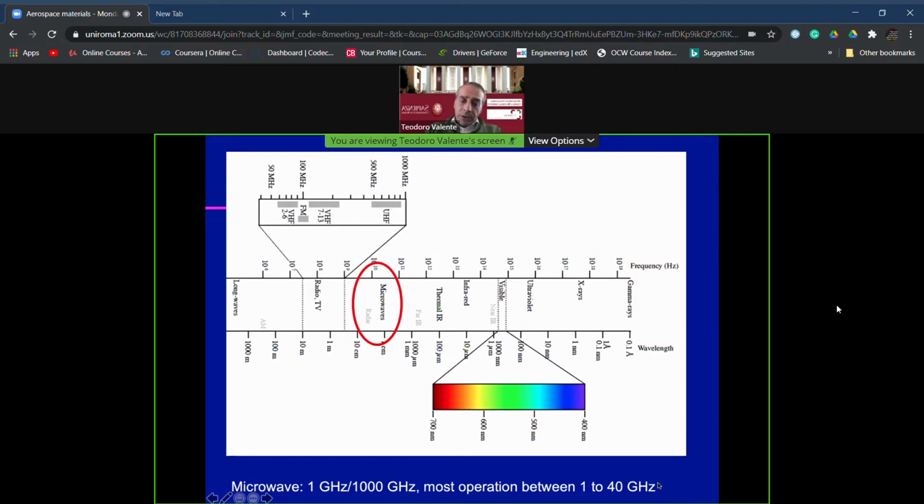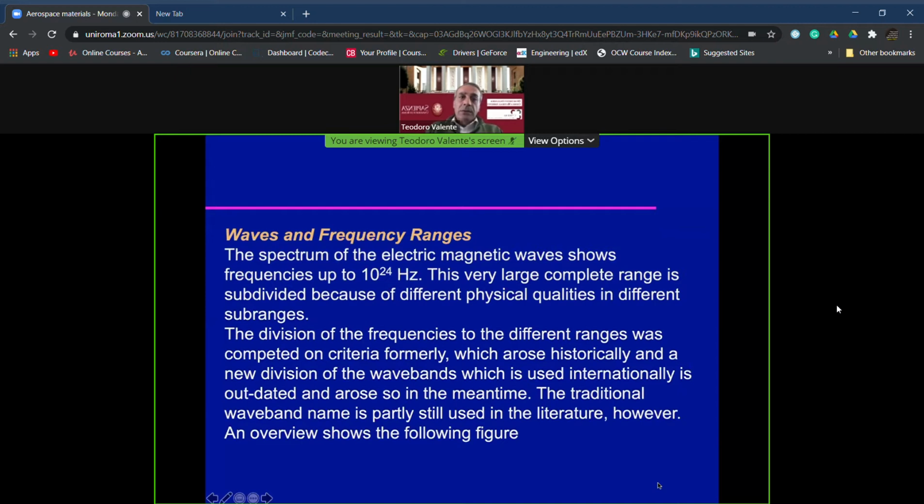But we also have classification of waves and frequency ranges, due to the fact that the range of frequency which can be associated to the whole electromagnetic spectrum is up to 10^24 hertz.